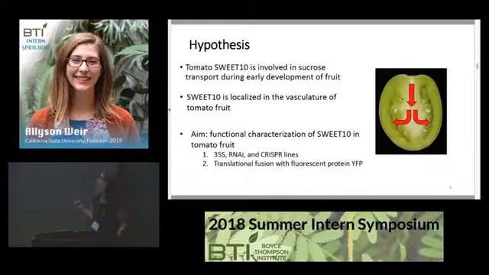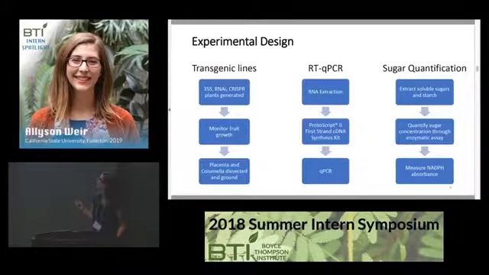The transgenic lines for 35S, RNAi, and CRISPR had already been generated when I had gotten here. I monitored fruit growth and collected placenta and columella tissue to be used to quantify gene expression using reverse transcription quantitative PCR. And this tissue is also used to quantify the sugar accumulation in these tissues.